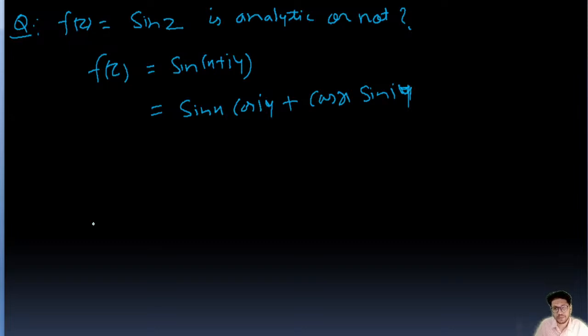Now cos iy value is cos hyperbolic y, and sin iy value is iota sin hyperbolic y.